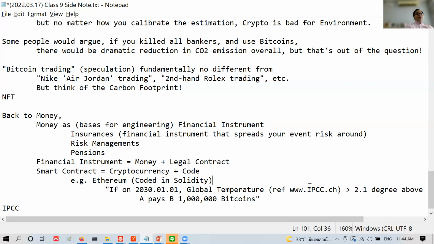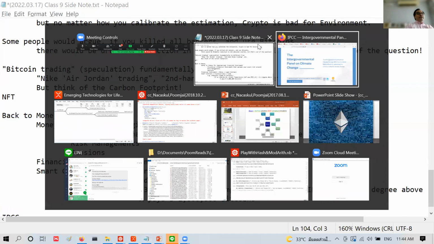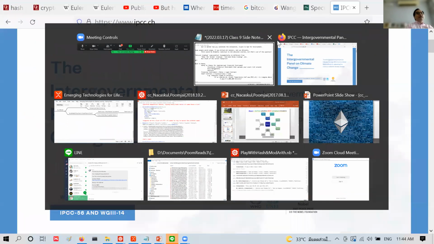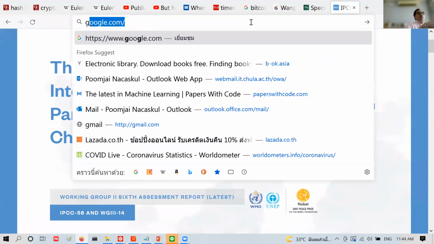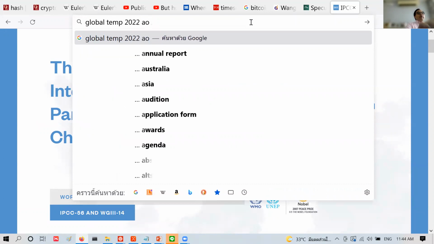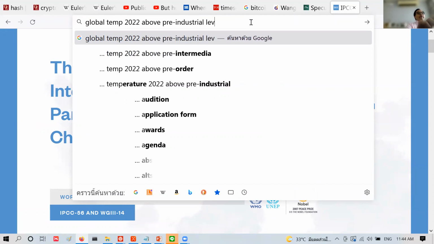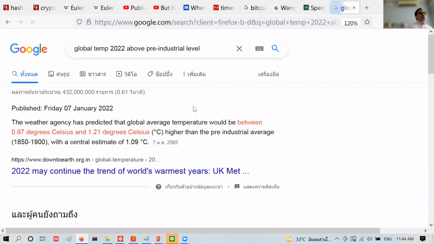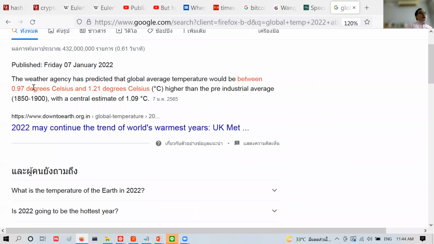Right now, I think the global temperature is 1.4 if I'm not mistaken. Anybody? Global temperature above pre-industrial level is around, about 1.2, let's say.